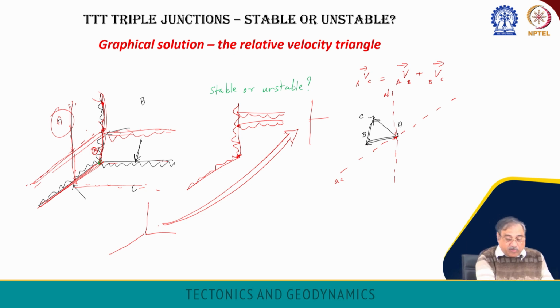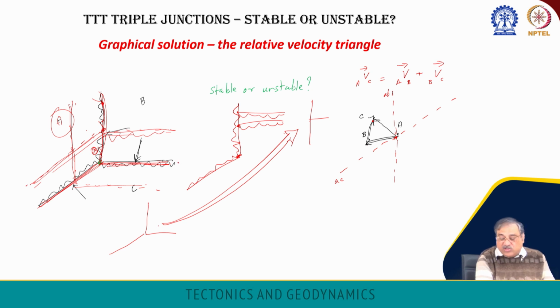Now let's get to the boundary between plates B and C. Now the boundary between plates B and C is this one. This is the original position of the boundary between plates B and C. Now if I have to think of this boundary, this is obviously attached to plate C. So the position of this boundary on the relative velocity triangle would be at the point which is represented by plate C. Now on top of that, if this boundary moved parallel to itself, so this boundary, as you can see, is oriented east-west.